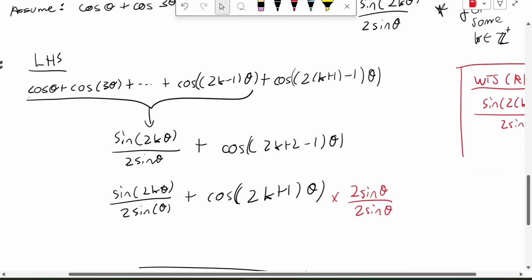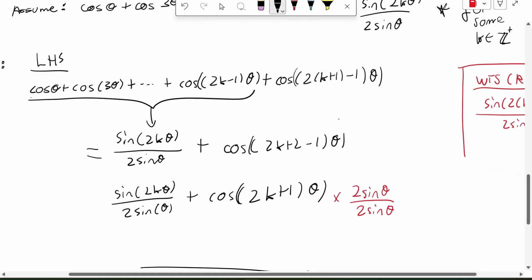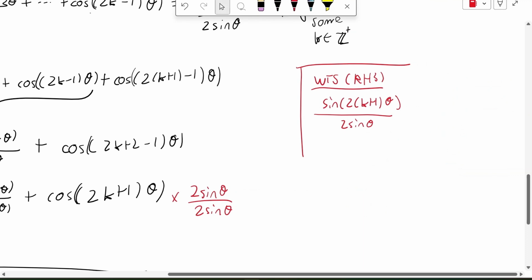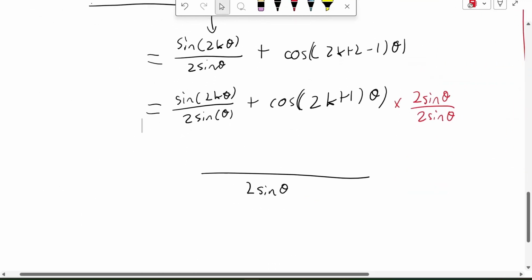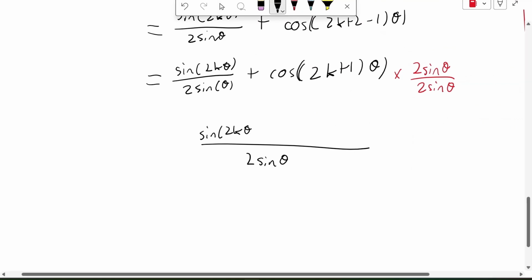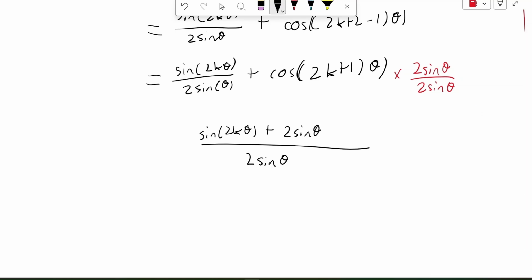The other reason you might be clued in to do that is because if you look at our want to show, it actually has 2 sine theta on the bottom of the fraction there as well. So that's a good indication we're on the right track. So what we've got here is sine of 2k theta plus, and then I'm just going to put the sine theta out the front, and then cos of 2k plus 1 lots of theta.